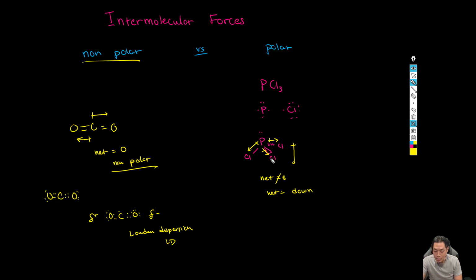And because of that, you're going to get a partially negative charge and then a partially positive charge on top because of that unequal sharing of electrons. So that's what we get. This is a polar substance that's going to make a dipole interaction. And the dipole means it's dual polarity. So dipole.